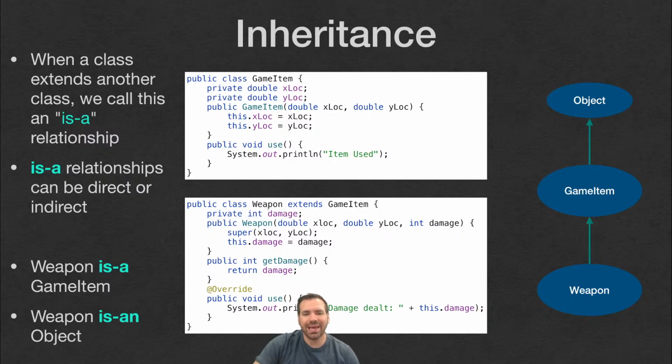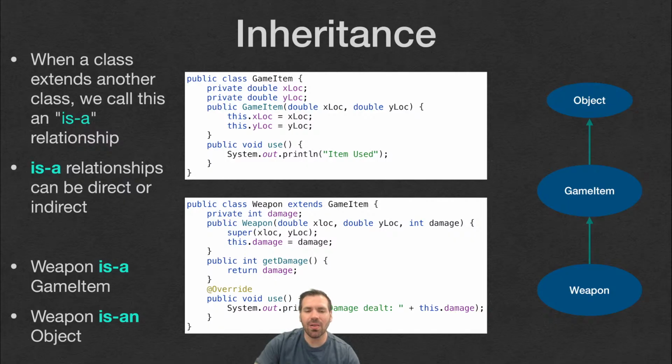But weapon also is a game item. So if weapon extends game item, it is a game item. This is very similar to the fact that all squares are rectangles. All squares have all of the properties of rectangles, and then squares also add more properties to that. We're doing kind of the same thing here. Obviously, we're not in geometry, we're in OOP, but it's the same idea.